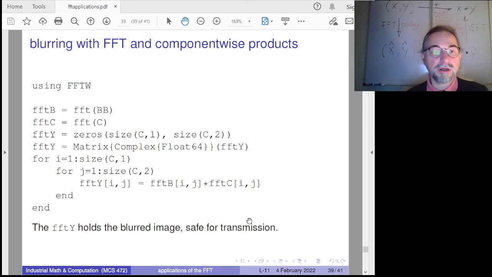Okay, so two FFT calls here and one component-wise product. So if one takes the entire size of the matrix, so this is quadratic in one dimension, but it is linear or quasi-linear in the size of the input.